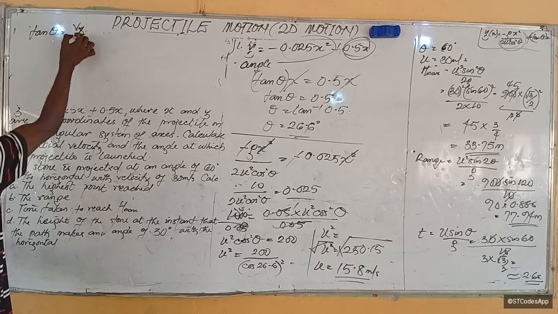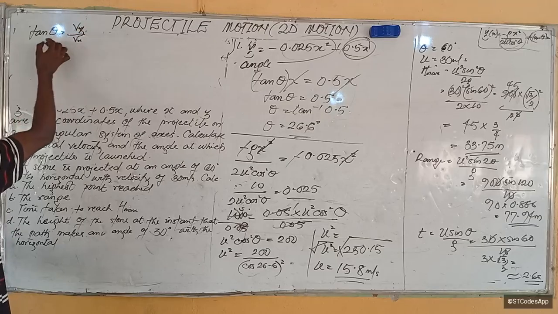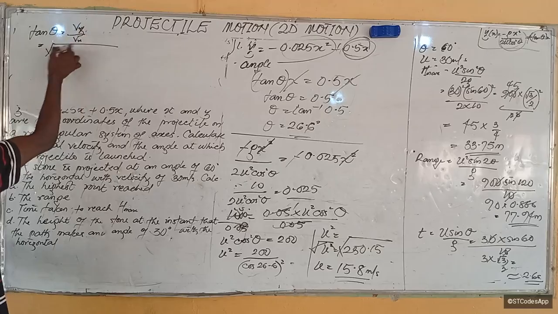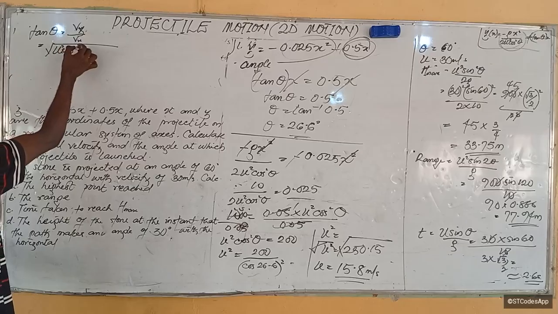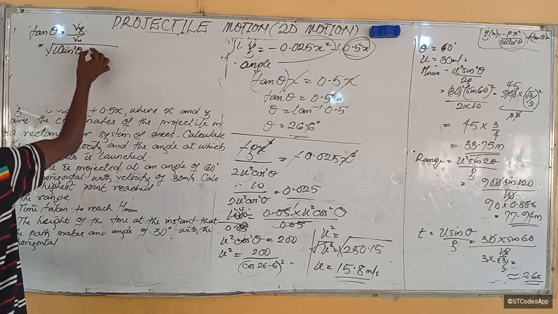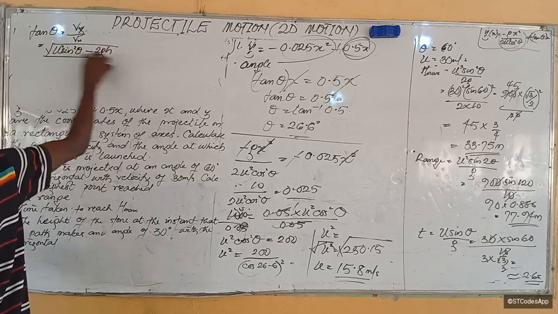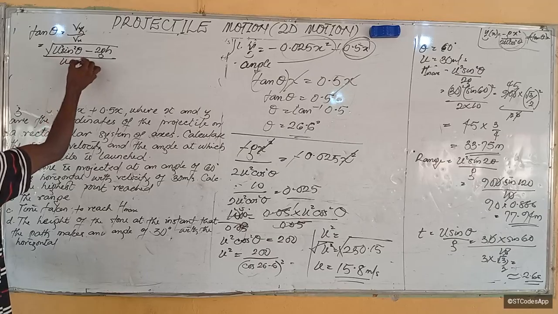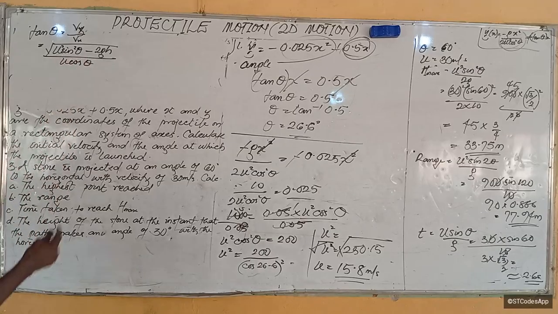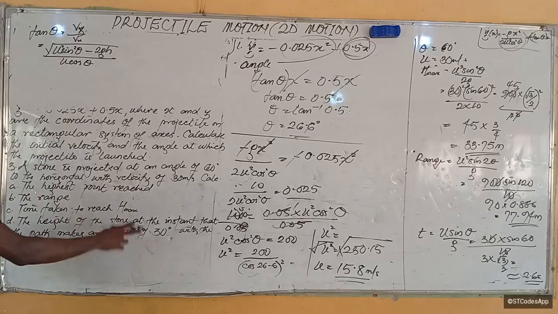V sub y over V sub x. So we said this will become the square root of u squared sine squared theta minus 2gh, so is this h you are looking for, over u cos theta. Okay? So tan 30, what is tan 30?